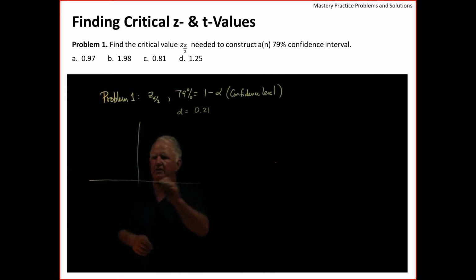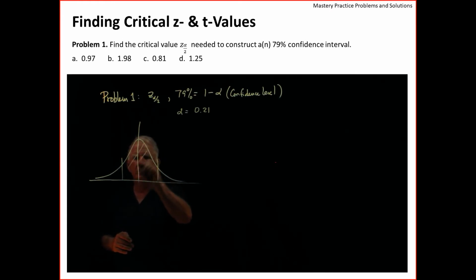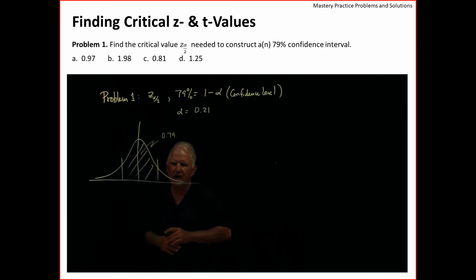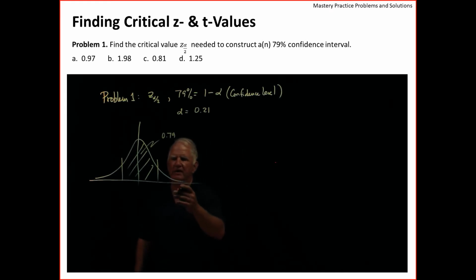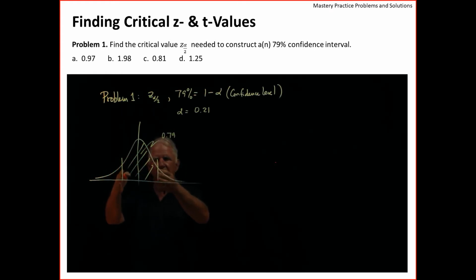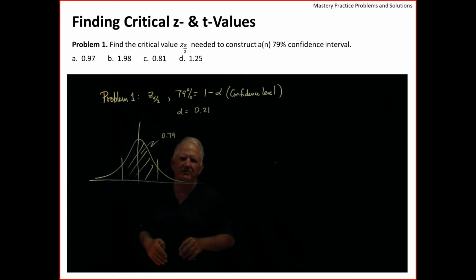So let me draw a normal distribution, and let me show that region in the center that contains 79%, or 0.79, of all the data. I've done this schematically very quickly. If 79% falls in this region, then 21% falls outside.